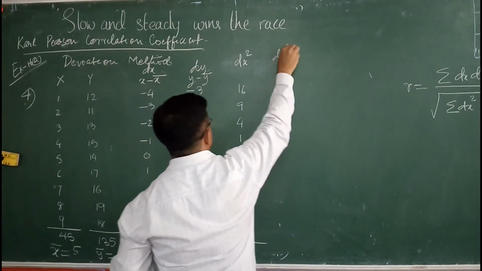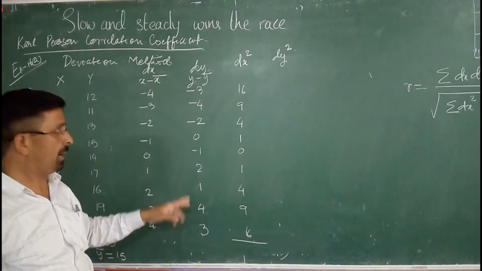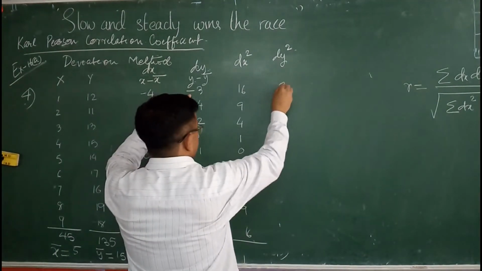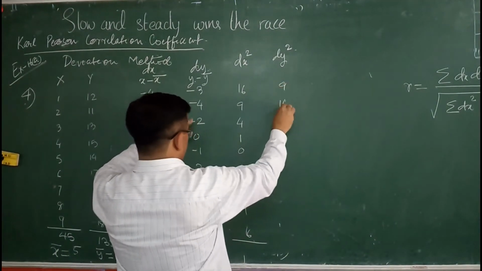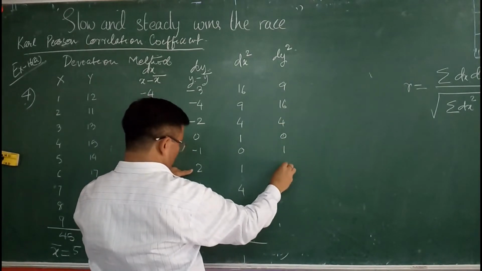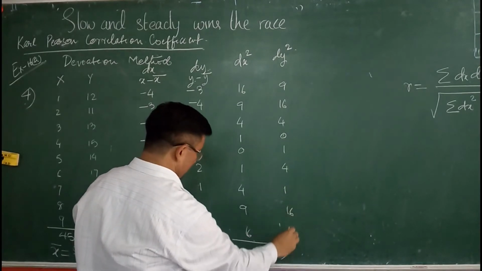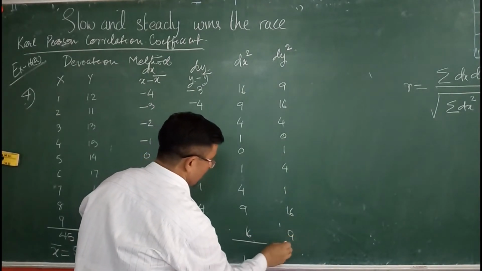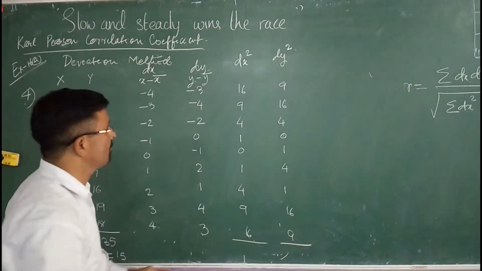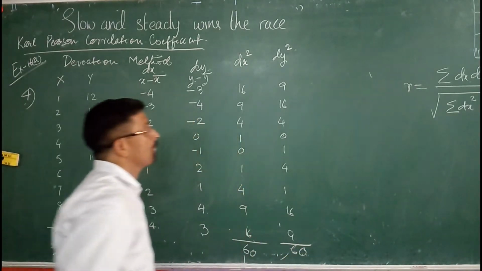Again here the negatives will turn positive: 9, 16, 4, 0, 1, 4, 1, 16, and then 9. Now the sum of this one is 60, and the sum of this also is 60.